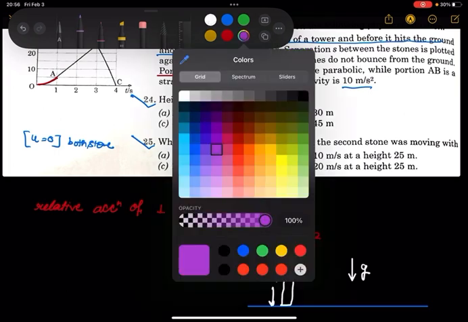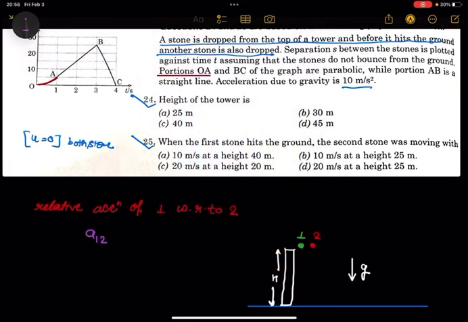So we can say that a12 is equal to g minus g, that is called 0. Means that in relative, both stones are moving with constant velocity.